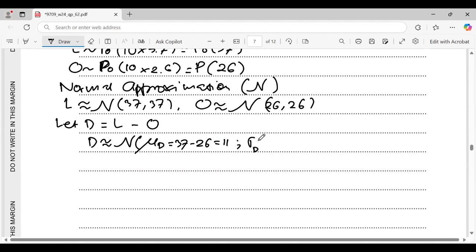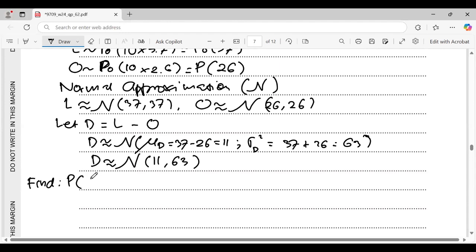And the variance is 37 plus 26, which is 63. So D is approximately normal with mean 11 and variance 63.